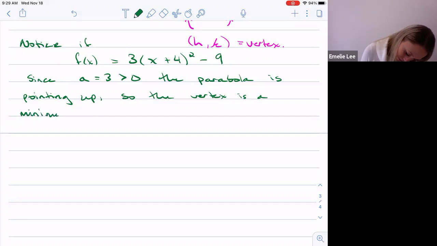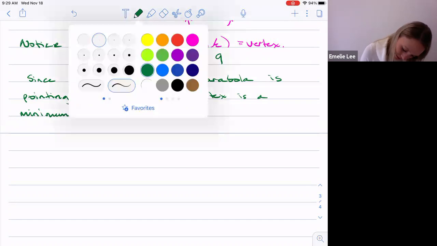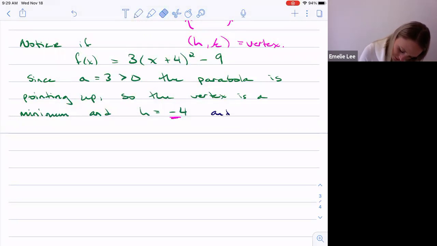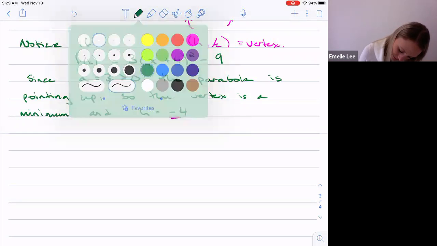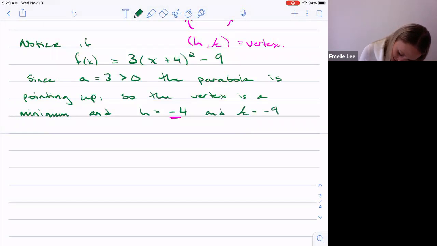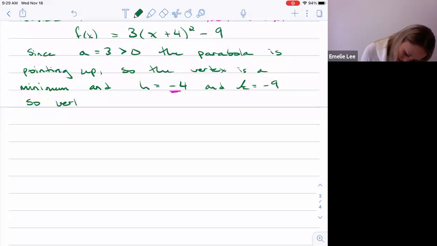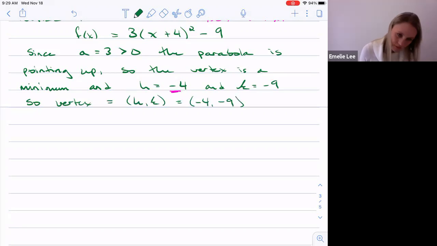And h is negative 4, just make note of that negative. And k must be negative 9. So the vertex is at (h, k), which is (negative 4, negative 9). Just from knowing where the vertex is and which way it's pointing, I can know a lot about this function.